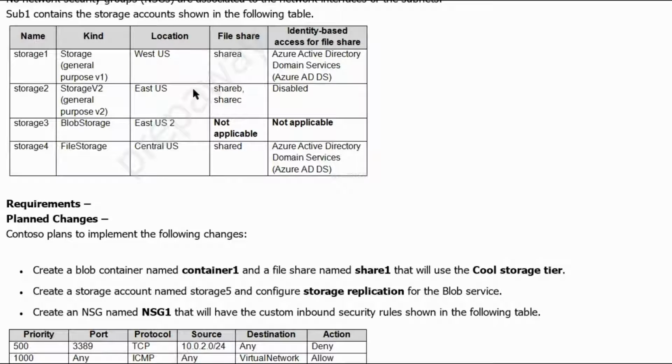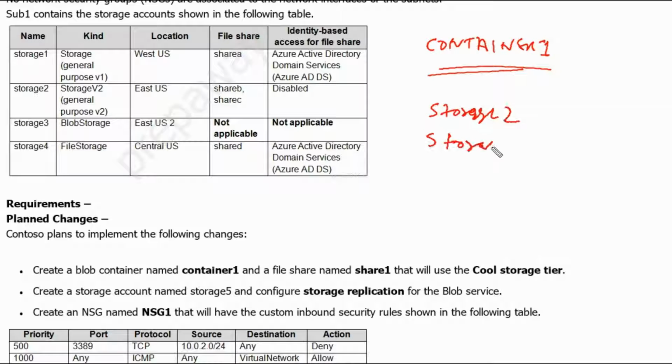Since all these accounts are with standard performance, storage 3 is a blob storage account with standard performance and it does support the access tiers. Storage 4 is file storage account type and it doesn't support access tiers. Therefore, we can use storage account 2 and storage account 3 to create the container 1 with cool storage tier.